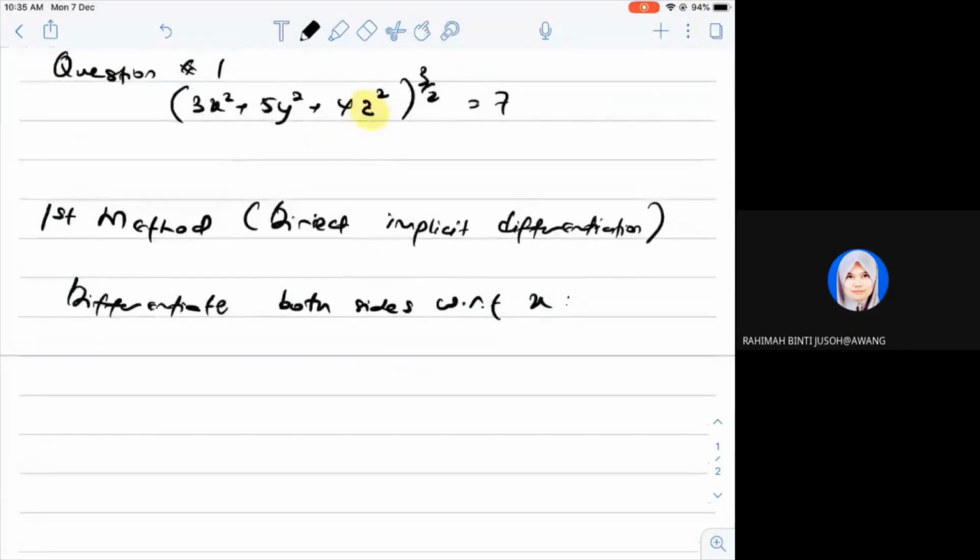So we will have on the left hand side, LHS, and this is the right hand side, RHS.